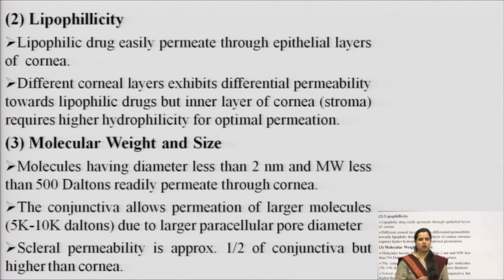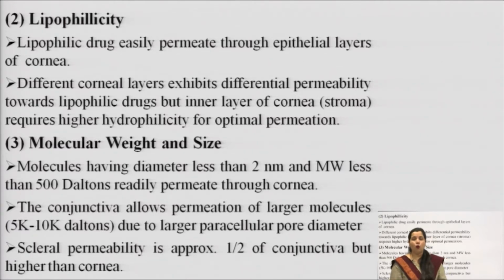Molecular weight and size. Molecules having a diameter less than 2 nm and molecular weight less than 500 daltons readily permeate through the cornea. This is an important factor while preparing these controlled release ocular preparations.